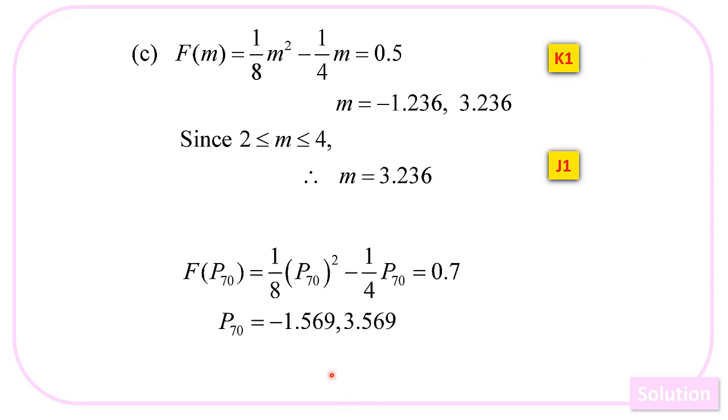For the 70th percentile, the probability of y less than or equal to the percentile is 0.7. Substitute into the formula, that is K1, and then choose the correct answer, that is between 2 and 4. So P70, or the 70th percentile, is 3.569.